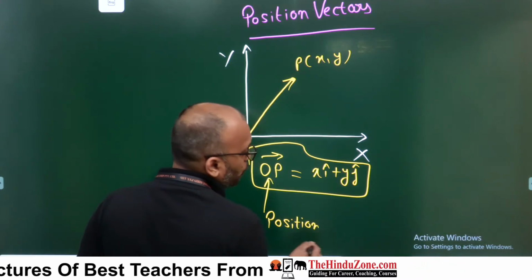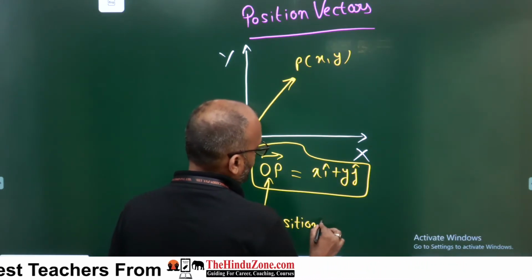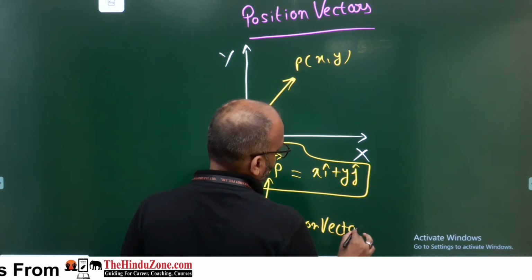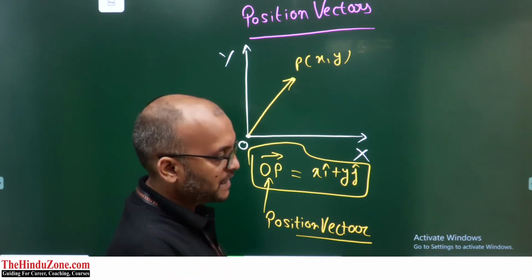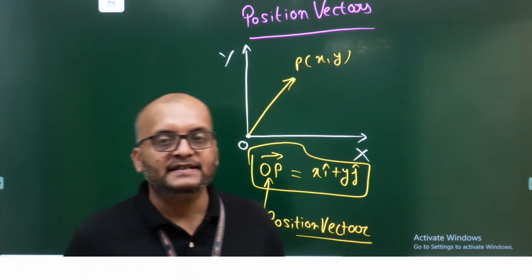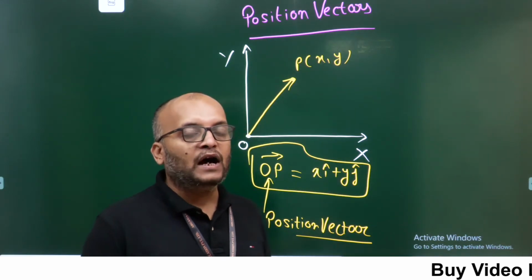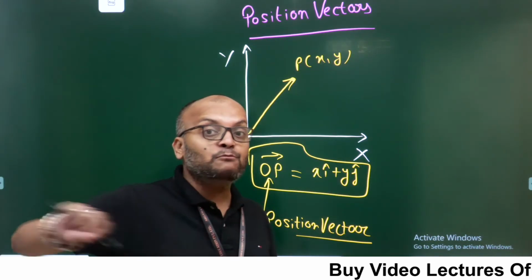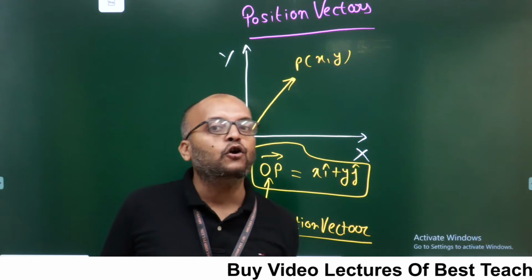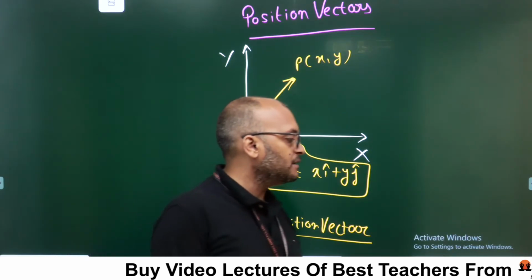And now your OP vector is position vector. I have already explained it to you yesterday, but today I am giving it a name. I gave you several examples also, that if vector is 2i plus 3j, that means it is moving 2 along x-axis, 3 along y-axis. Remember or not?